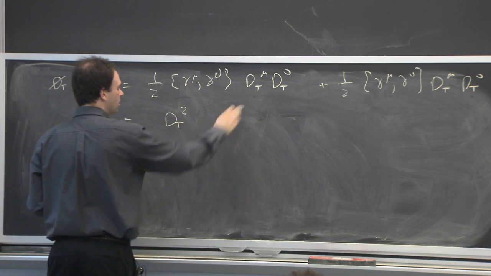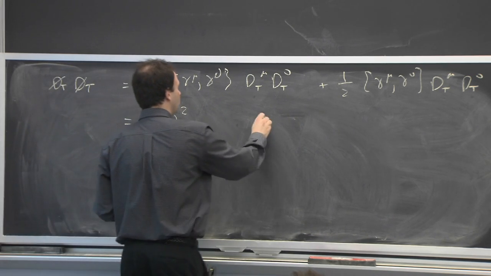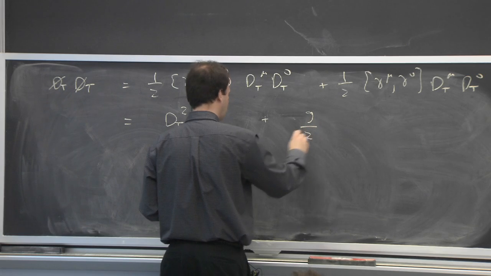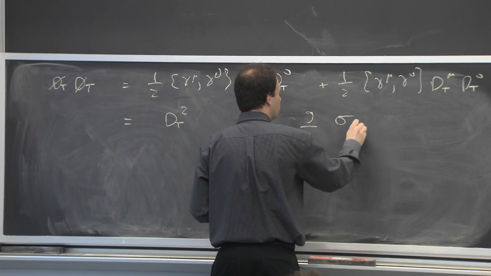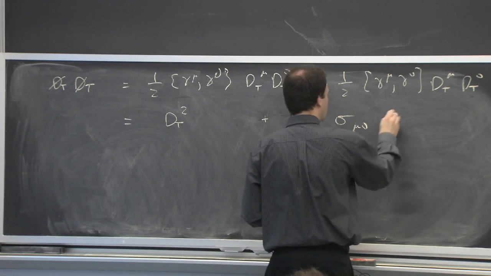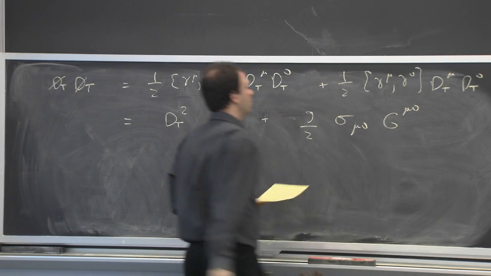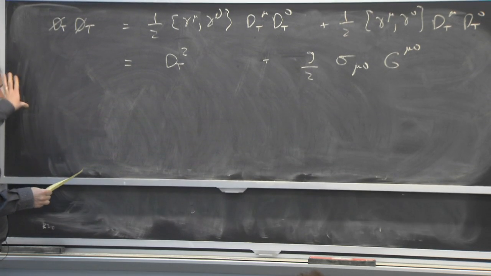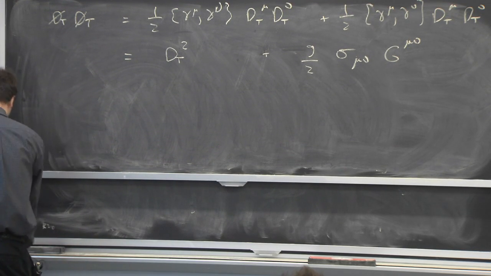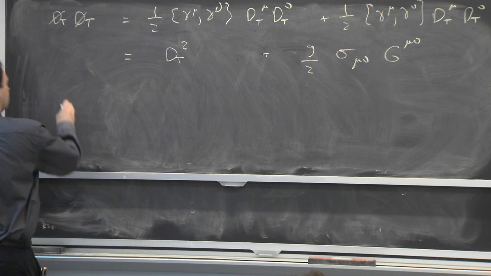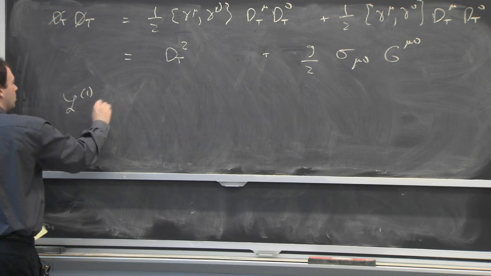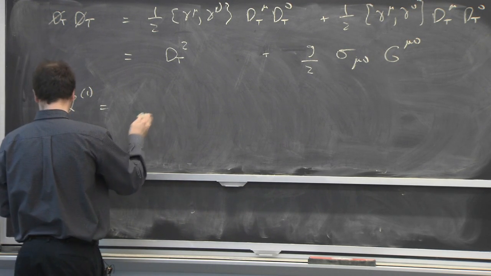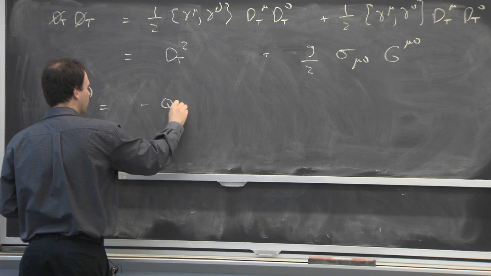So for this piece, we just get D_T squared. And this piece, once we track all the 2's and the i's, gives sigma dot G. And so the usual way of writing L1 is as follows. You say L1, using this formula, plugging it in, has 2 terms.